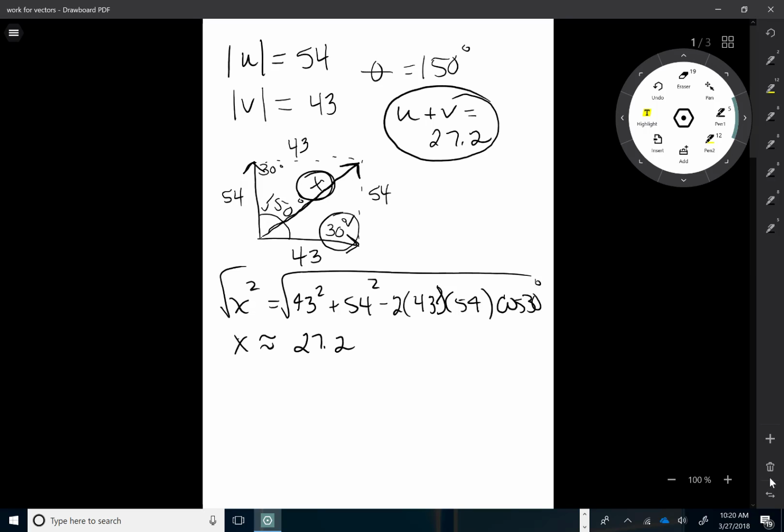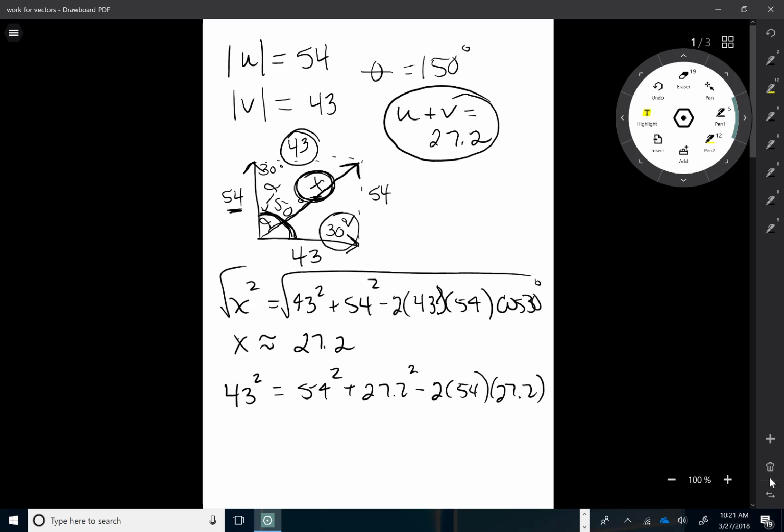It asks you to find the measure of the angle between u and the resultant. So that would be this angle in here, this little bitty one here, which is not 150 degrees because that's this whole thing here together. So now that I know x, I can use the law of cosines again, and I can use this side of that triangle, which is 43 squared equals 54 squared plus 27.2 squared minus 2 times 54 times 27.2 times cosine, and I've called this alpha.